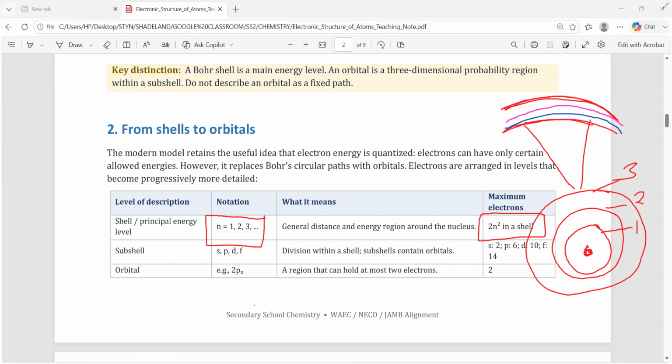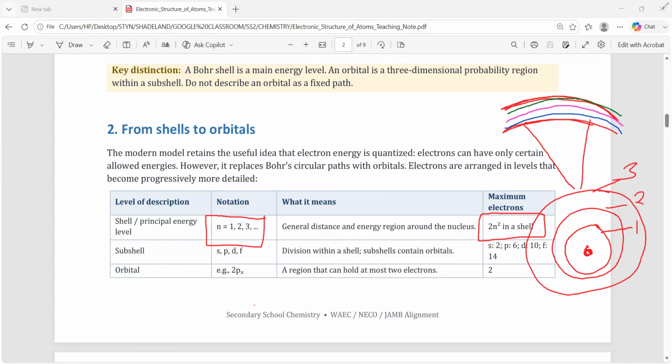Then finally we'll have another level. Can you see it? Different colors represent different subshells within shell 3. I want to repeat. Each color represents different subshells within the same shell 3.